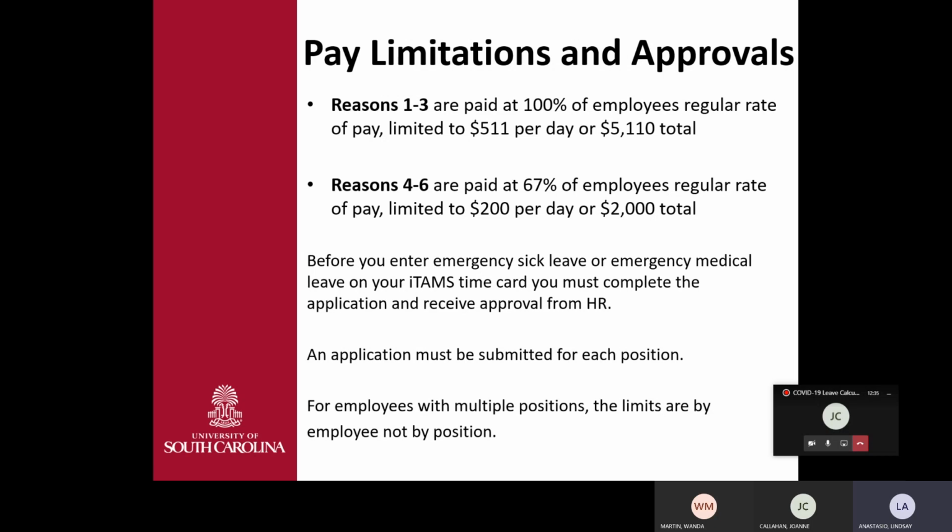So reasons 1 through 3 are limited to $511 per day or $5,110 total. And reasons 4 through 6 are limited to $200 per day or $2,000 total for EPSL. For EFMLA, the total is $10,000 because it's paid over 10 weeks.